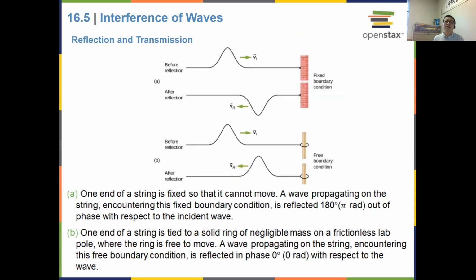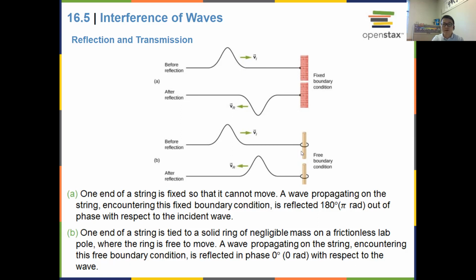For just one wave, if you have a string and one end is attached to a fixed point, the wave propagates here. When it hits this end, it will bounce back. This is called reflection of the wave. When it reflects back from a fixed boundary, if a peak comes in, it will flip. This is what happens after the reflection.